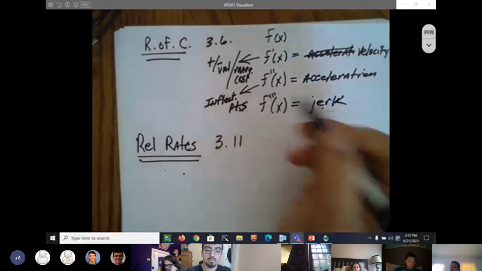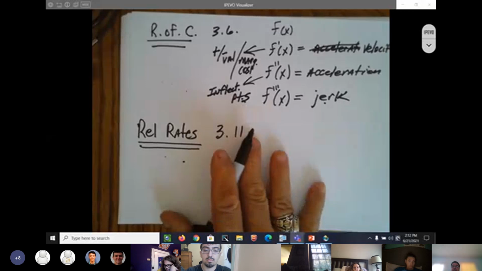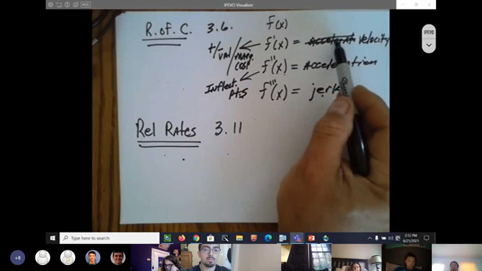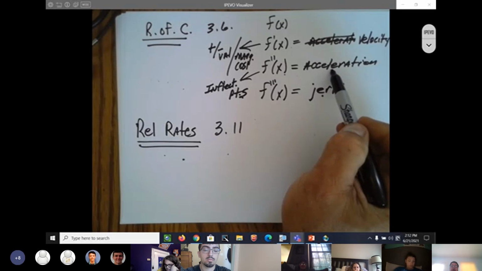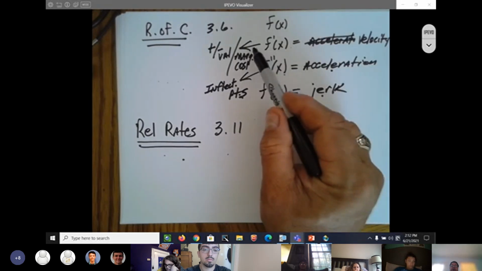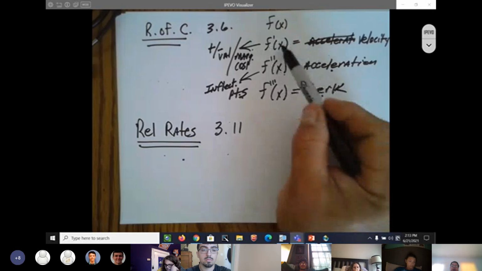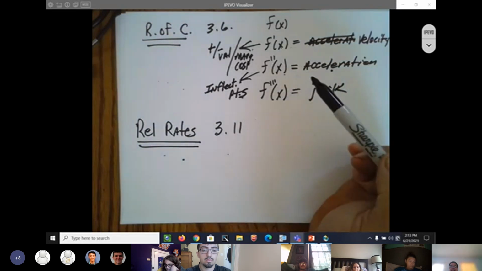The first and second derivative is not only in science and engineering, but also in business and economics. So it's very important that you understand the first and second derivative.